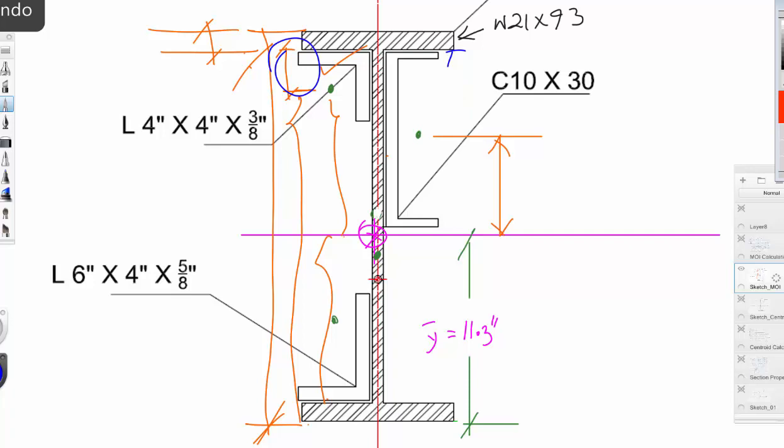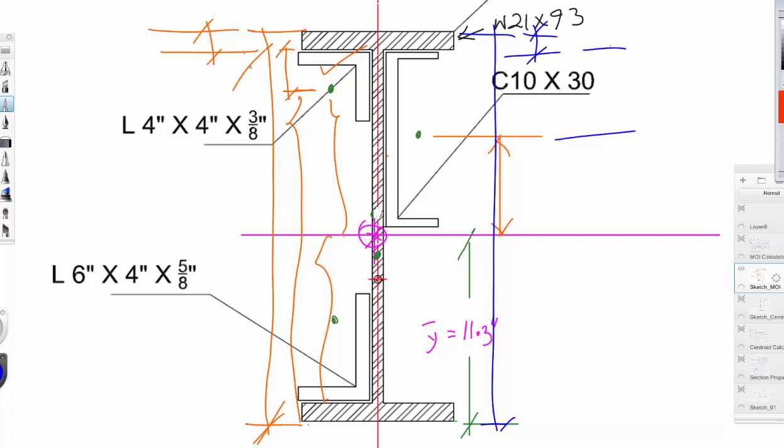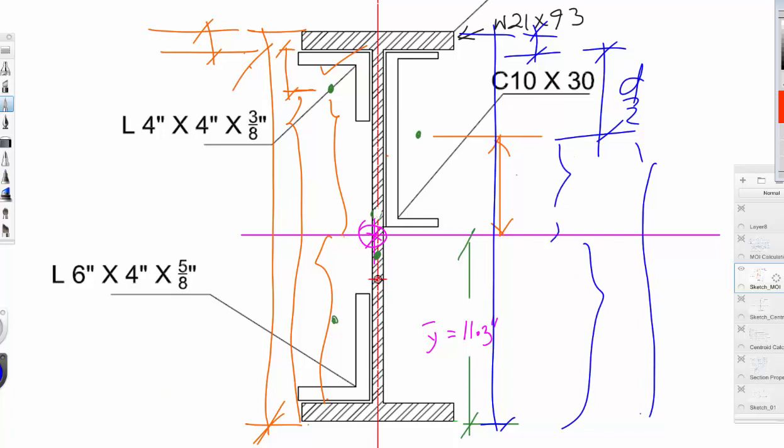So again, for the channel, I will get the entire distance from here to here, subtract this distance, which is the thickness of the flange, and then subtract this half of the depth of the channel. So I'll be left with the distance from here to here. Subtract this from it, you'll get this one. Like I said, the same thing applies to this one, except this is the distance that you need to be different.